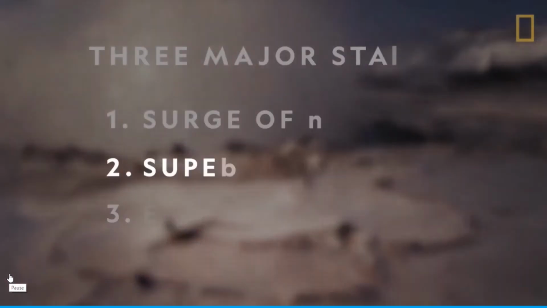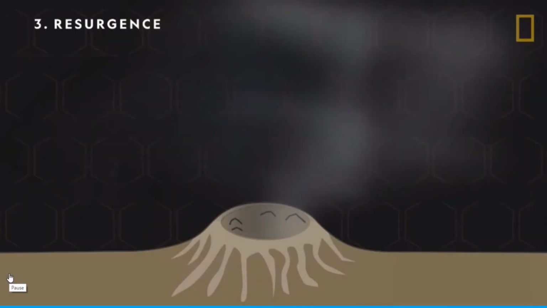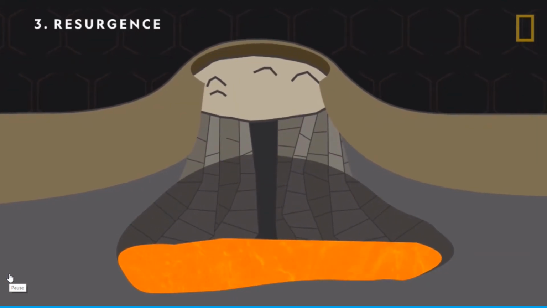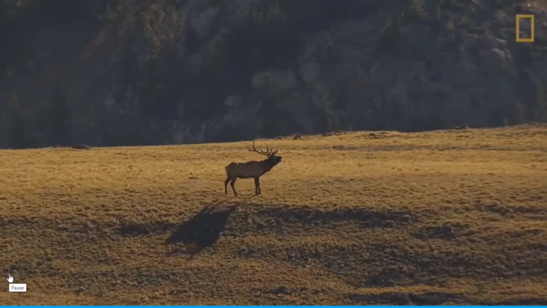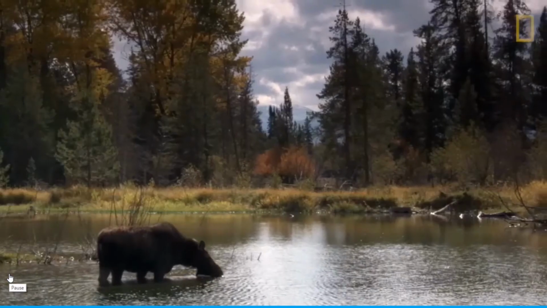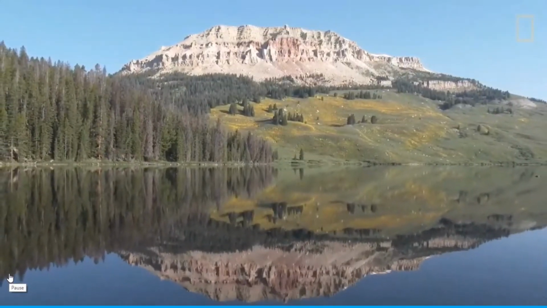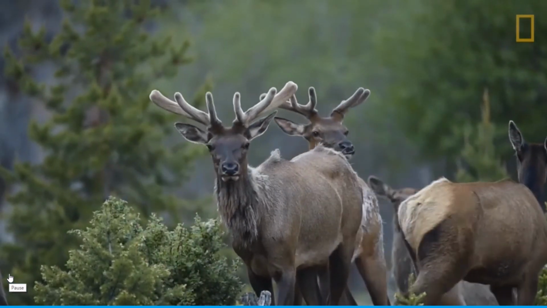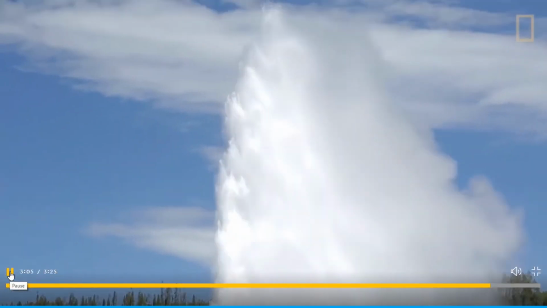After a super eruption, the supervolcano undergoes a stage called resurgence. Having dispelled its contents, a supervolcano's magma reservoir collapses and forms a caldera. The Yellowstone caldera in the United States is currently in resurgence after a super eruption occurred about 640,000 years ago. In the time since, freshwater collected in the caldera to form a lake. Plants and wildlife returned to reclaim the space, and some of the world's largest geothermal features emerged.